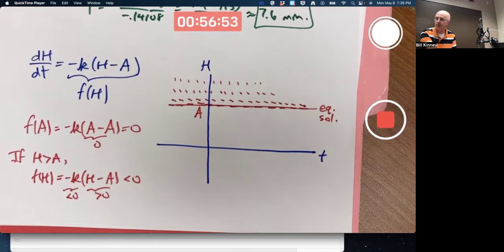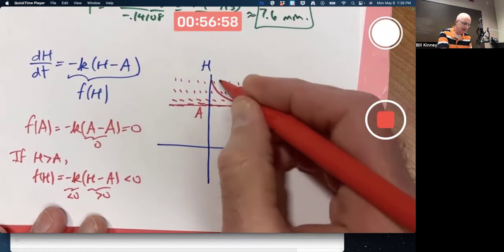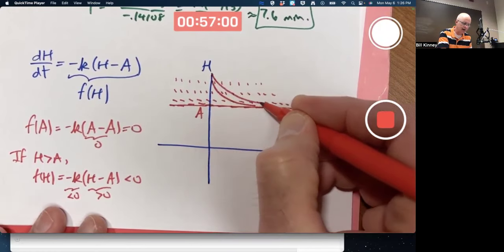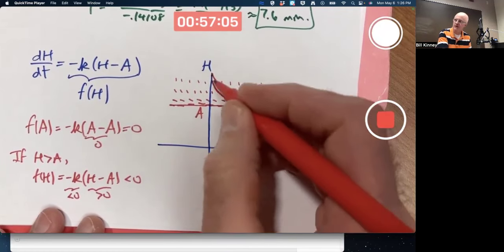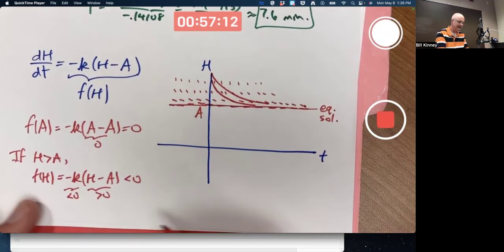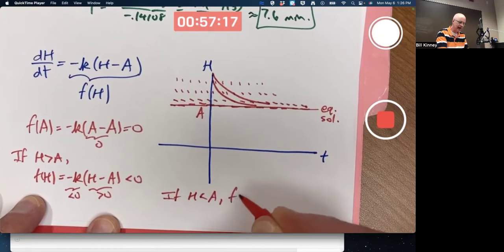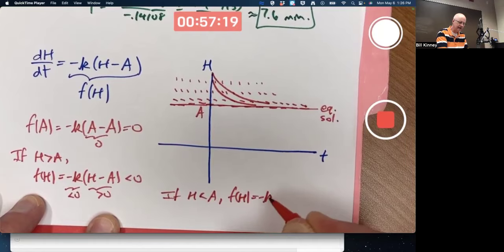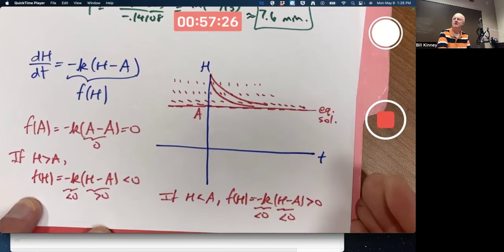Solutions have to follow the slope field. So your solution curves are like this, which is the kind of graph I already drew, depending on what your initial H naught, initial temperature is. On the reverse side, if H is less than A, F of H is negative K times H minus A, a negative times a negative, giving you a positive.